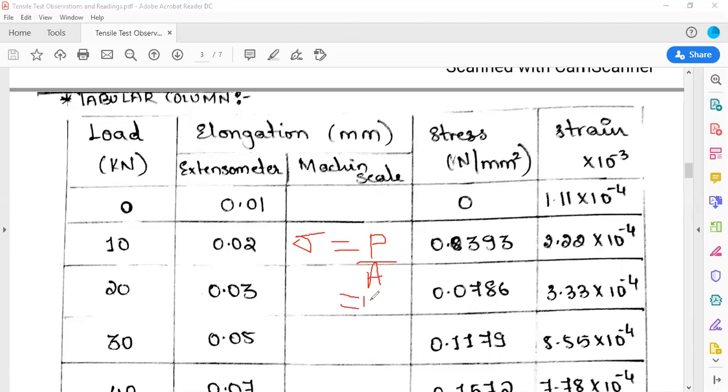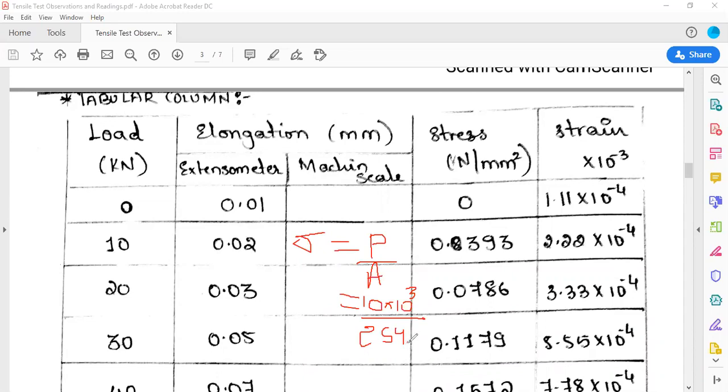10 into 10 raised to 3, divided by the original cross sectional area. The original cross sectional area is 254 point something.